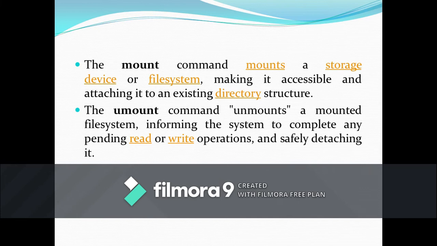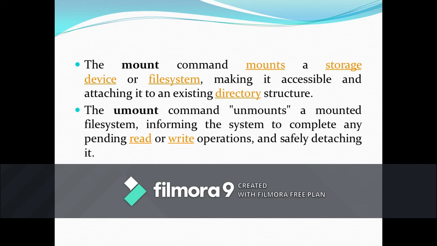Because we very well know that in Linux or in Unix, all the directories are arranged in a big tree structure, and the files or directories we want to access, we first have to attach that from its existing file system. So this mount command is used for that.